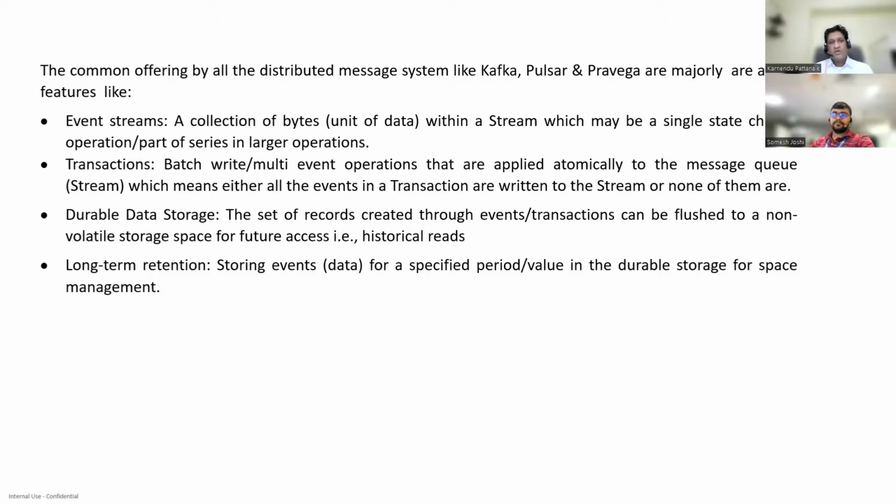Then coming to transactions. In a transaction, the data has a sequence, an end-to-end meaningful data sequence. If one part of that sequence is removed, then it has no meaning. Let me give one example. Suppose one user is trying to book a movie ticket. The user first chooses a movie name and then a theater, and in that theater books a particular seat, and then tries to do the payment transaction.